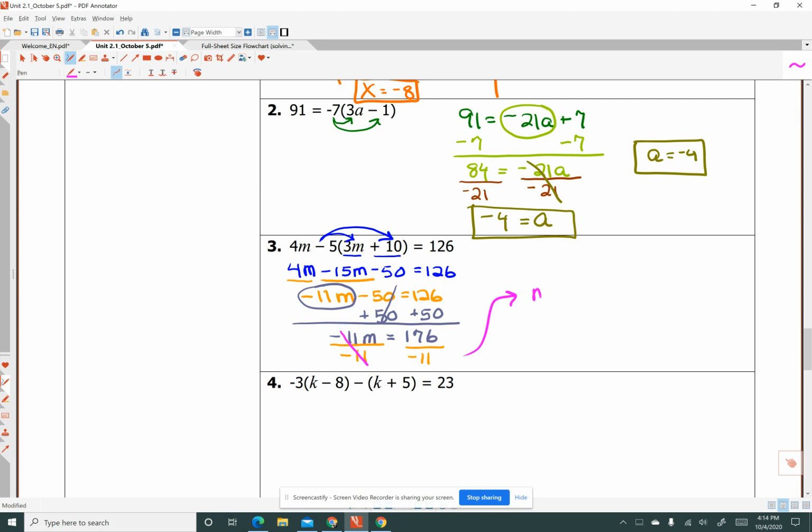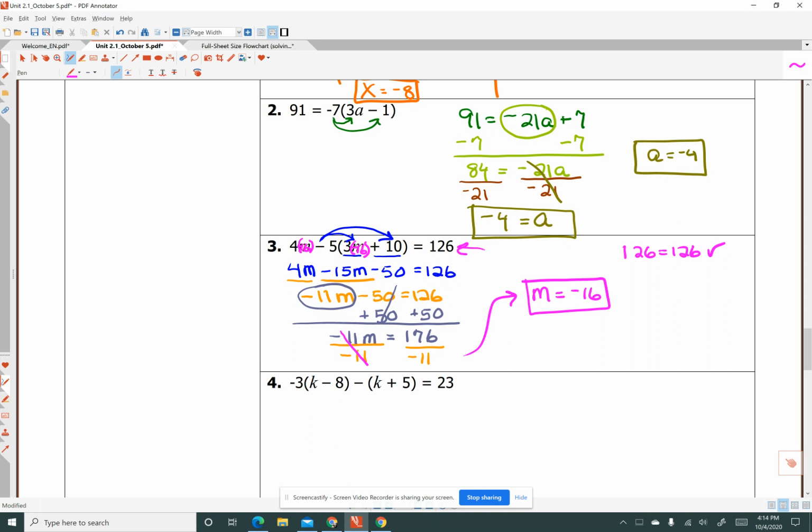So that leaves me with simply m, the 1 is invisible. 176 divided by negative 11 is negative 16. And that's our final answer. And we can check this answer by inserting negative 16 for every instance of m in the problem, evaluating that, and we should end up with 126 equals 126, and our answer will check.